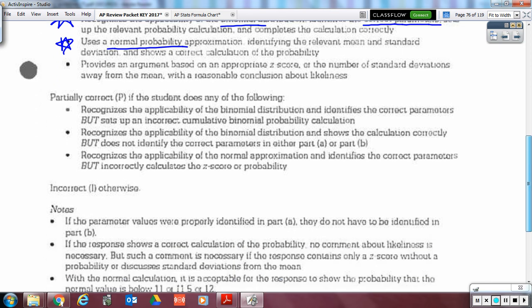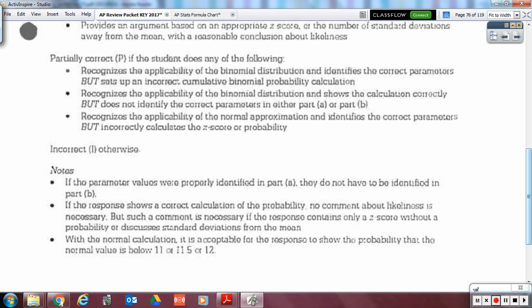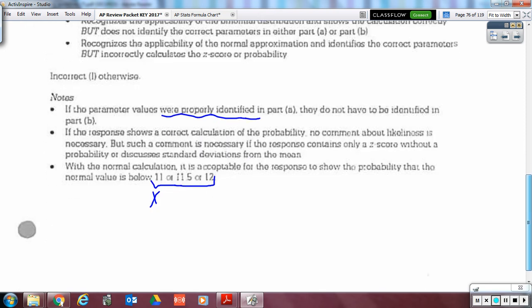Let's see, if the parameter values were properly identified in part A, they do not have to be identified again in part B. If the response shows a correct calculation, no explanation about the likeliness is necessary. With the normal calculation, they're saying it's acceptable that your X value is 11, 11.5, or 12. Okay. All right, so there is your credit on that.